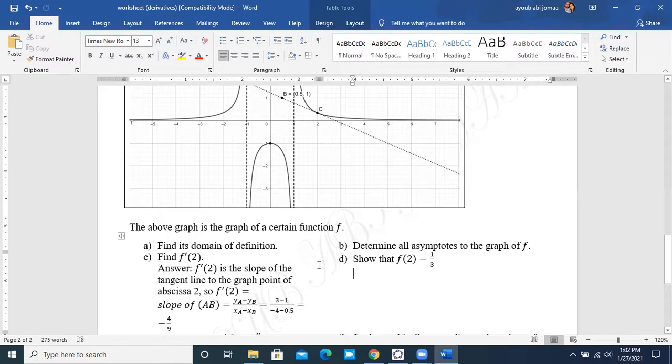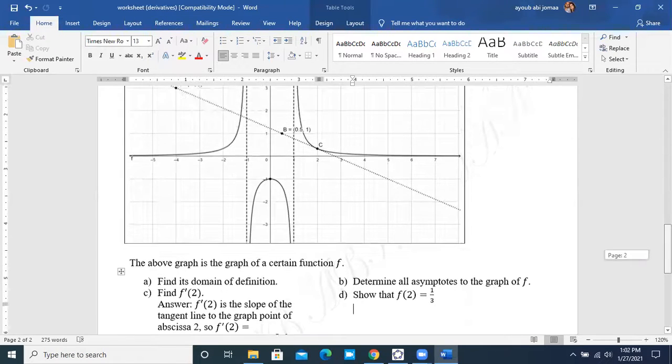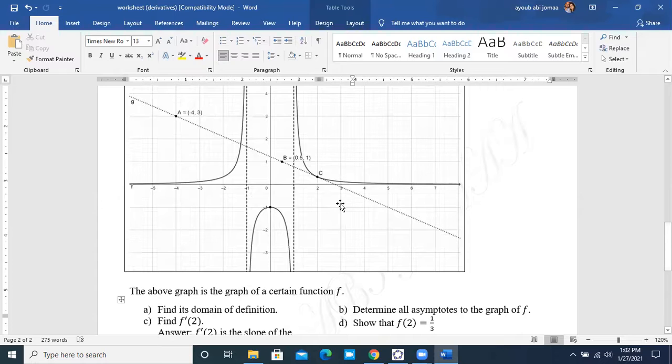As you were saying, line AB, which is the tangent line, you can find its equation. You have the slope, you found it negative 4/9, and you have 2 points on the line. You can choose one of them to find the equation of the line.